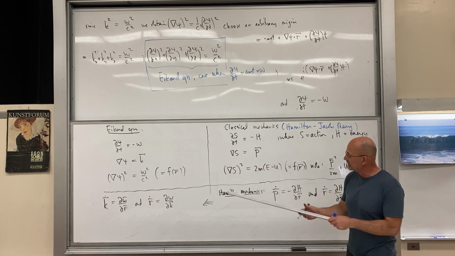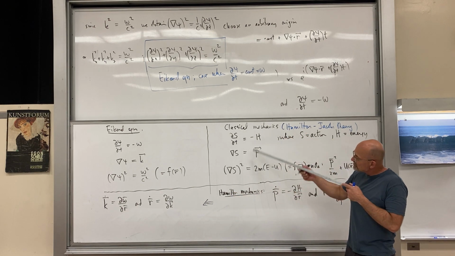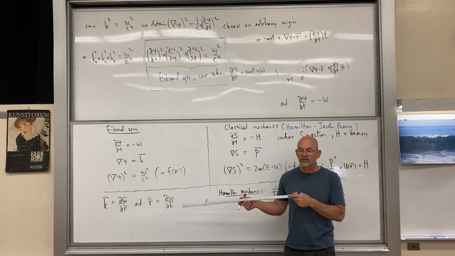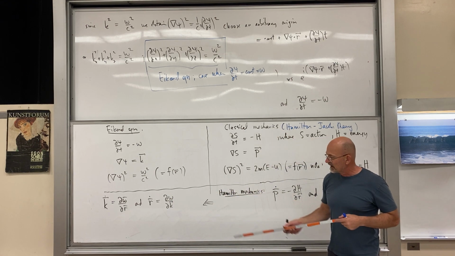And this just happens to be the group velocity. So if you accept this analogy, then we've demonstrated our expression for the group velocity. There are other ways to get this expression, but this is kind of interesting, right?